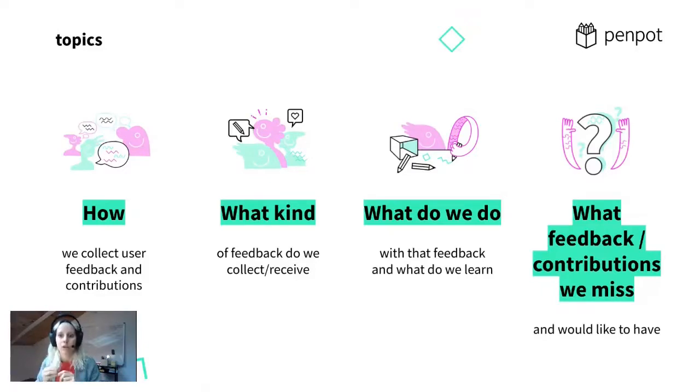We are going to talk about how we collect user feedback and contributions, what kind of feedback we collect and receive, what we do with that feedback and what we learn, and what feedback and contributions we miss and would like to have.